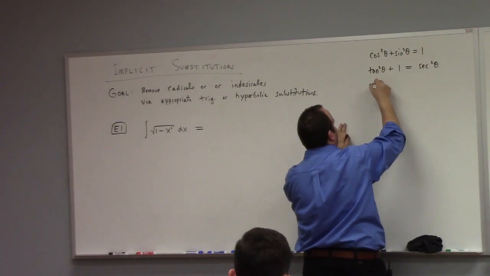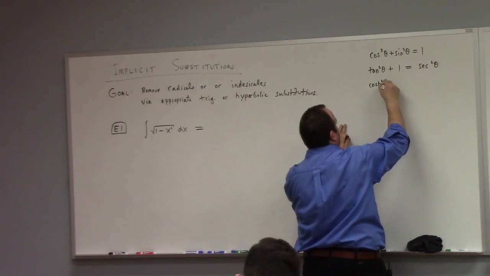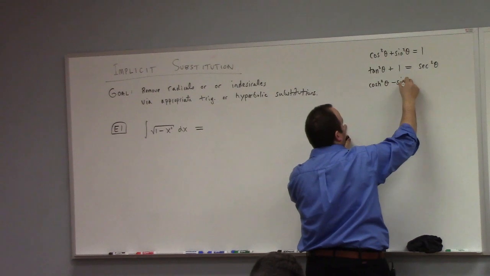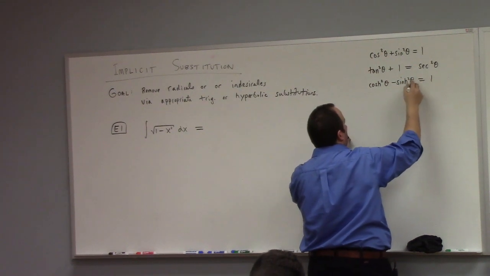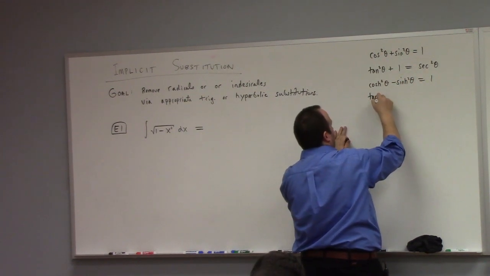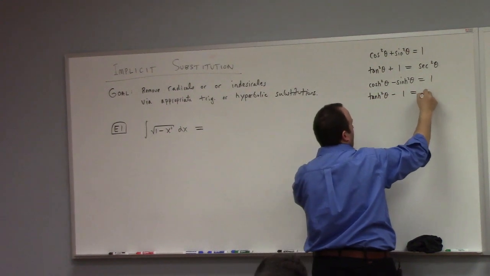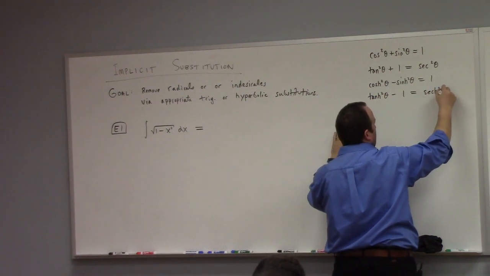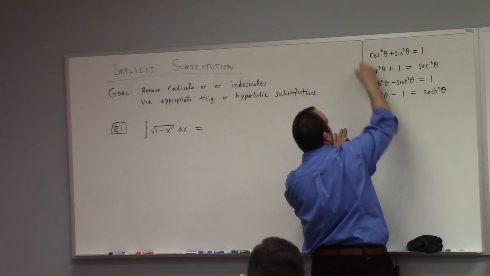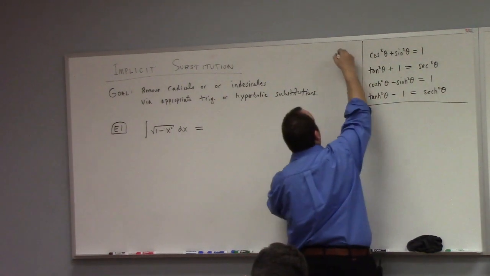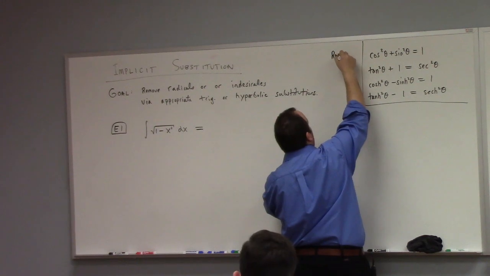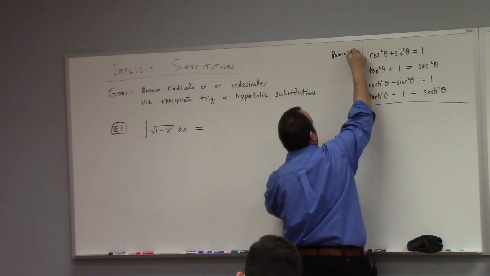We've also got this to work with, right? Cosh squared theta minus sinh squared theta is 1. And I suppose hyperbolic tangent squared theta minus 1 is equal to hyperbolic secant squared theta. Reminder. We should keep these in mind as we go forward here.